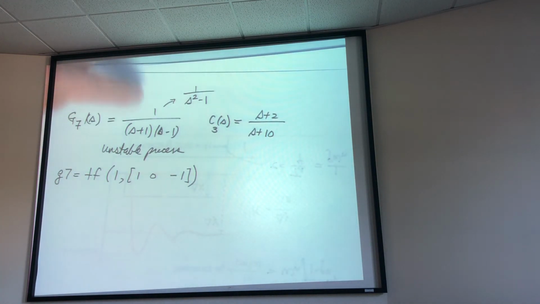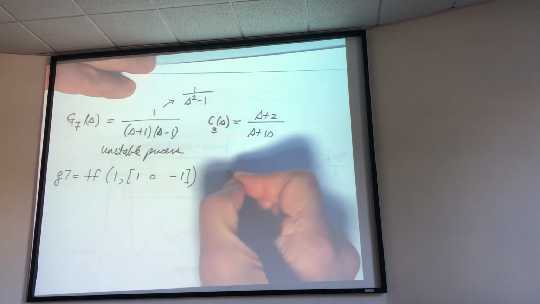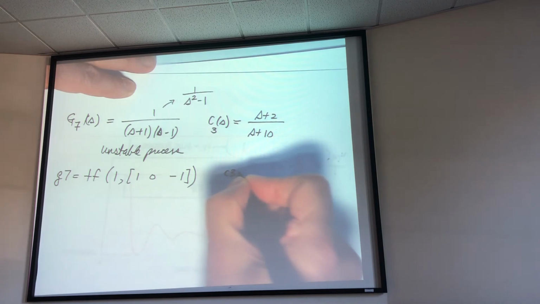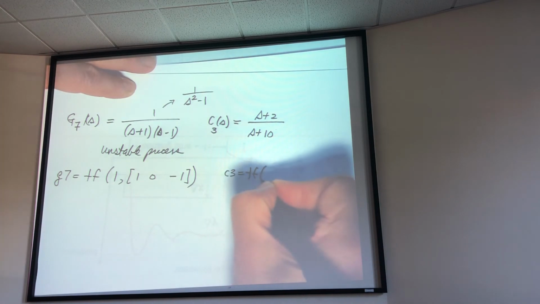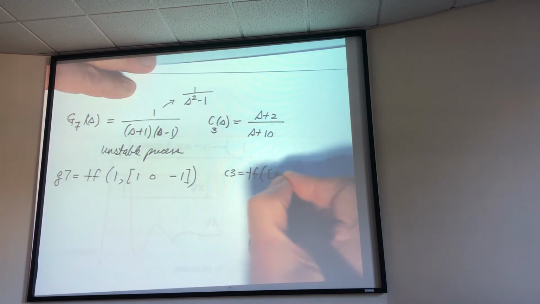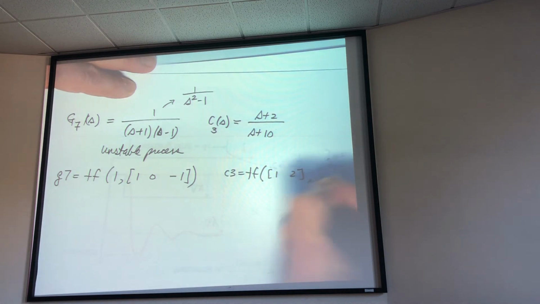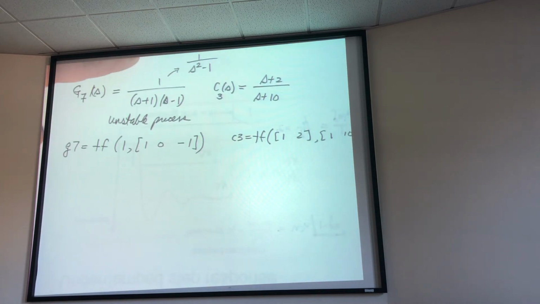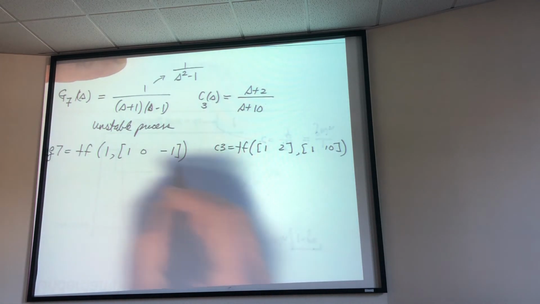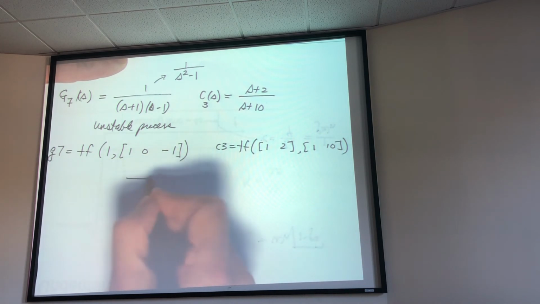If I've done my math right, these two should be the same. C3 is a transfer function. It's a 1 and a 2 in the numerator and a 1 and a 10 in the denominator. So the picture in our mind is this.